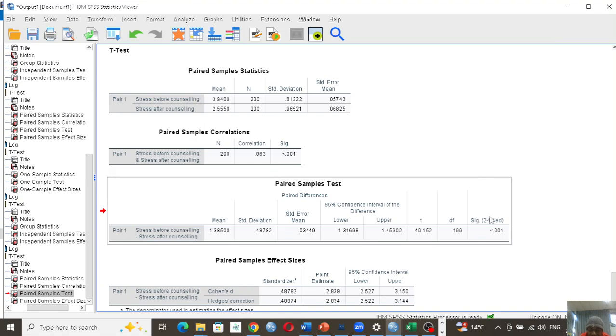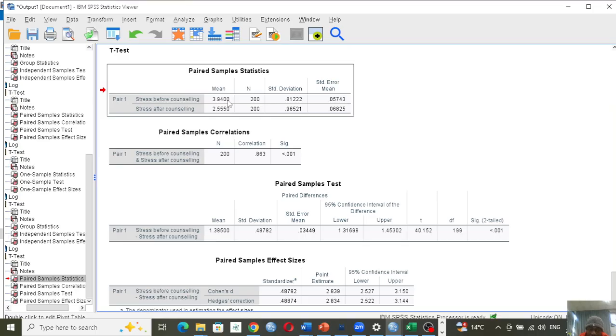That means that the meeting of the counselor has statistical influence in the stress reduction, because when the counselor came, the stress has been reduced. So from here to that, it is statistically significant, based on 95% confidence interval, as we have it here.